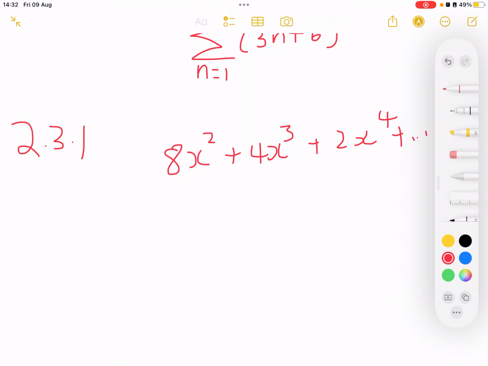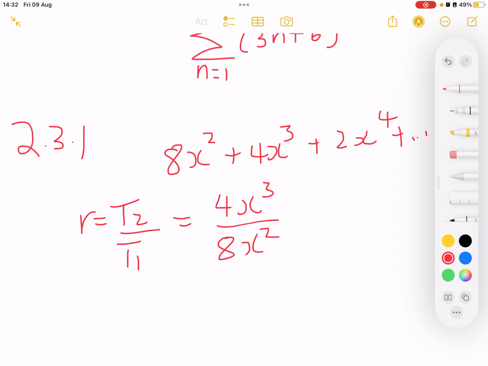So it's geometric. We're looking for r is equal to t2 over t1, whereby this is 4x cubed over 8x squared. And this will give you a half x.